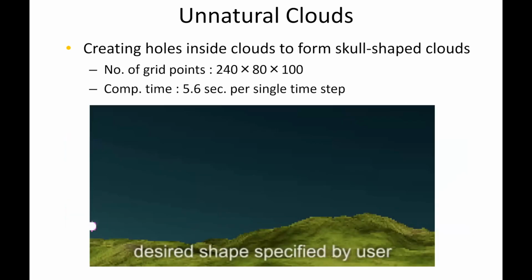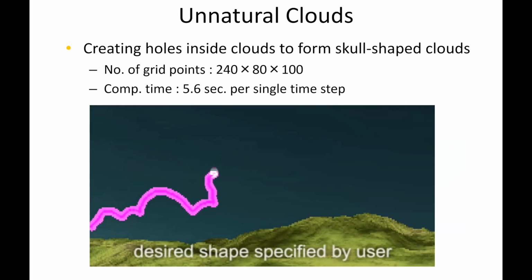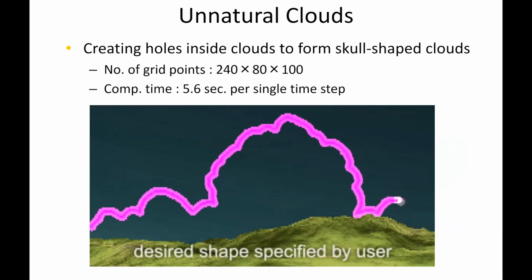The last one, in this case, we try to create unnatural clouds, skull-shaped clouds, by creating two holes inside the clouds. This is the target shape specified by the user. These are the holes.